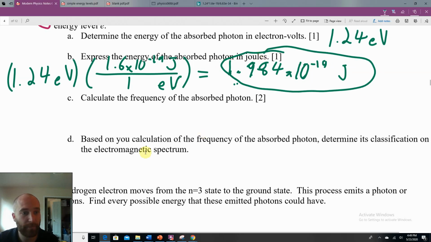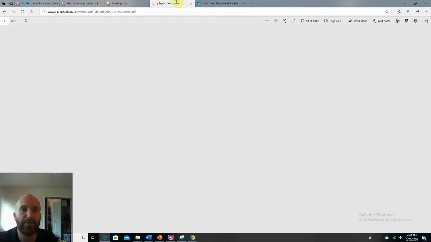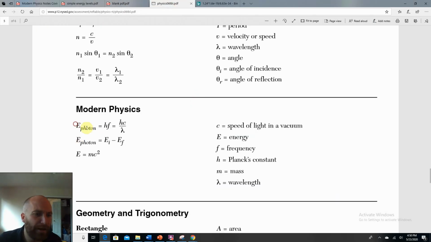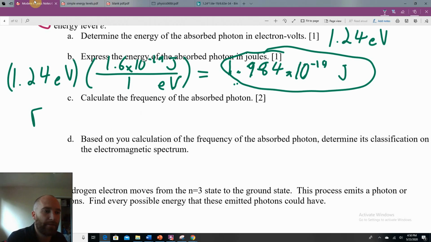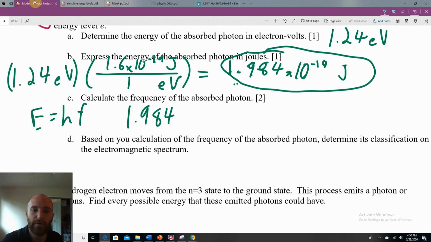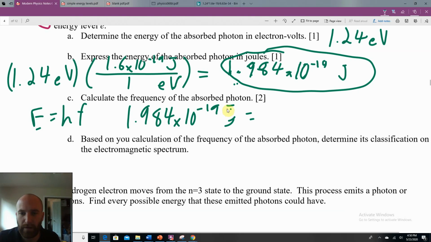Cool, that works. Calculate the frequency of the photon. We have its energy and we want the frequency. We've done a couple like this. I'm hoping it feels repetitive. I think E equals hf seems like a good equation for that. We know the energy now because we just found it: 1.984 times 10 to the negative 19 joules equals hf.